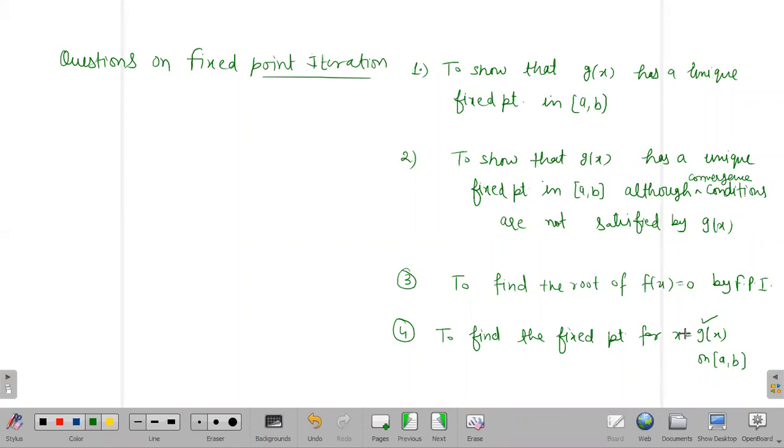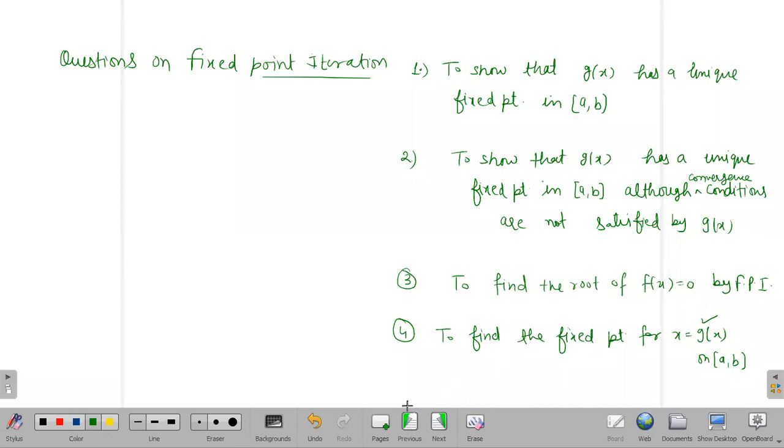You will get the convergence sequence. So here you have to do the full procedure, means you have to find the interval, then fixed point forms, means you have to find the appropriate g of x, then you take initial guess, then you will get the convergence sequence. So these type of questions can come in the fixed point iteration.